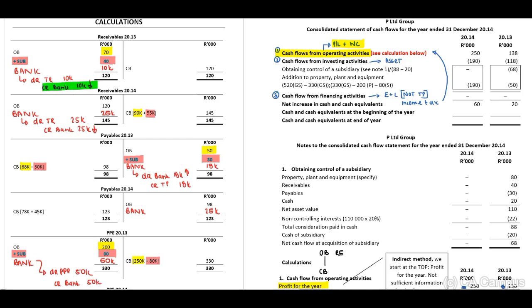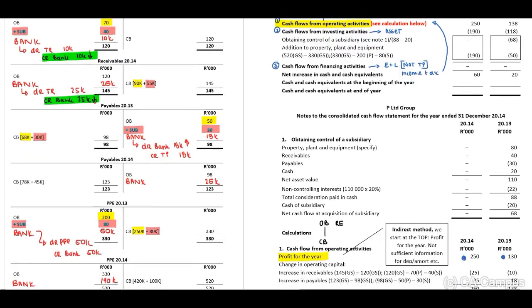For 2014, increase in our receivables, credit bank account, decrease with 25,000. Therefore, in your calculation, you will identify that we need to include our brackets. It's an increase in the receivables, but guys, this increase in our receivables will result in a decrease in our bank. Therefore, you need to remember your brackets.